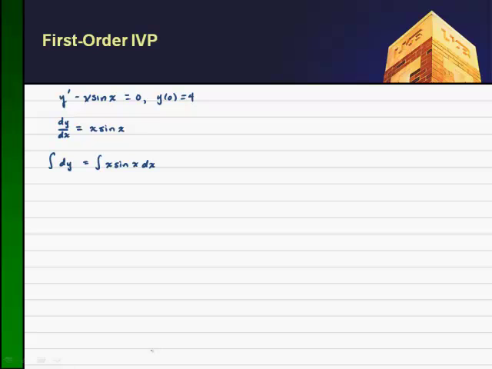So let's go ahead and integrate both sides, and the left hand side is still pretty simple. I just have my function y of x, so I don't have to do any fancy algebra after this. And then now I just have to integrate x sine x, and this brings up integration by parts.